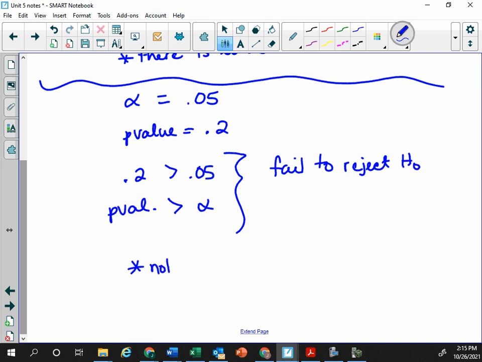Not enough evidence, okay? Questions on that? We'll do a lot more practice problems with hypothesis testing, but that's the basic idea.